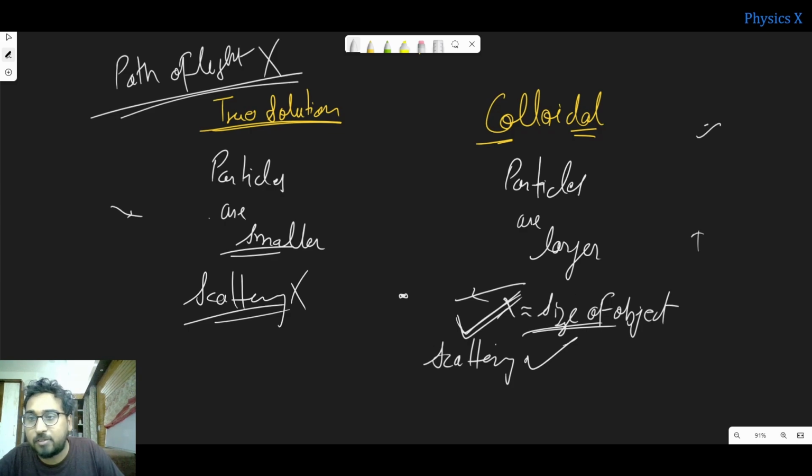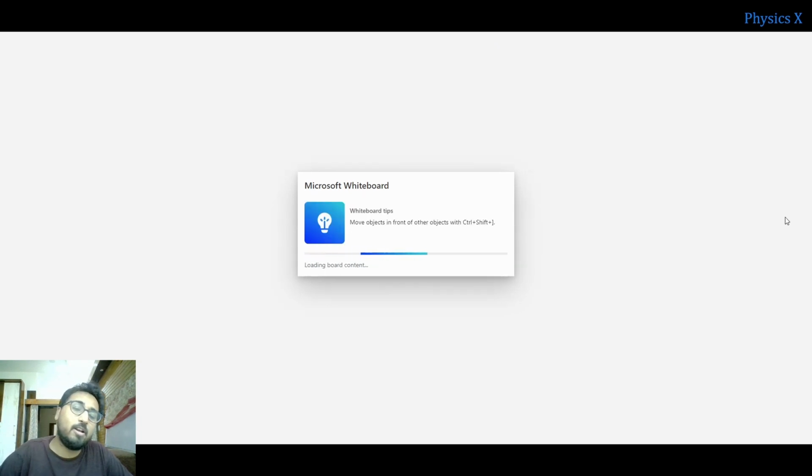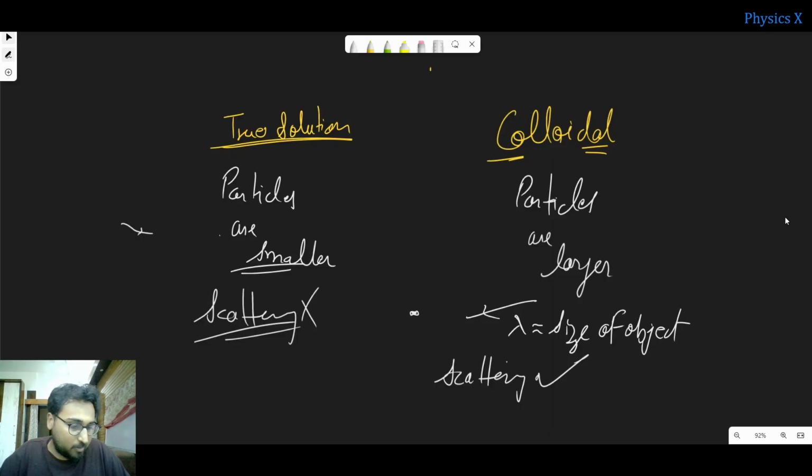So when light strikes the material, there will be scattering of light everywhere, and we will be able to see the path of light, because the particle size and the wavelength are comparable. That is the required case for scattering, and that is why scattering occurs.